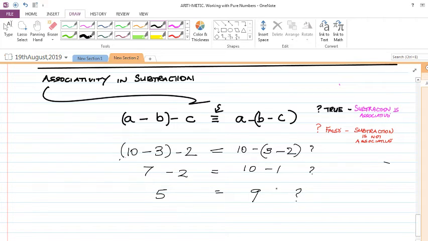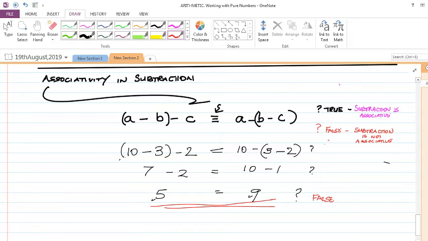So when I ask the question, is 10 minus 3 minus 2 equal to 10 minus, open brackets, 3 minus 2, close brackets? Here I'm getting 5 and here I'm getting 9. And those two numbers are not the same. So this is false. 5 equal 9 is a false statement.